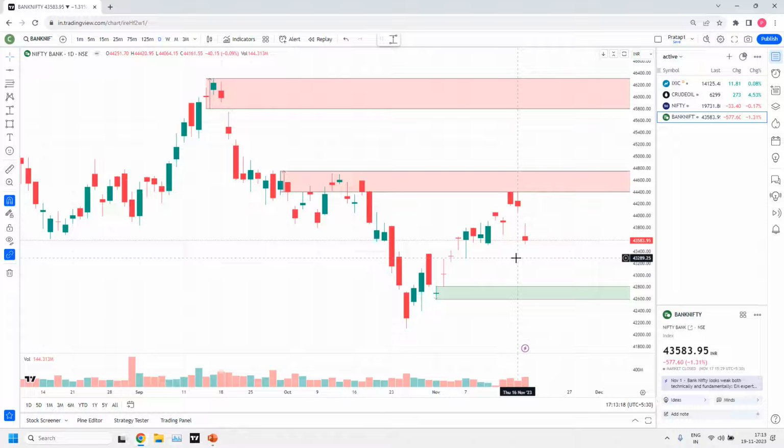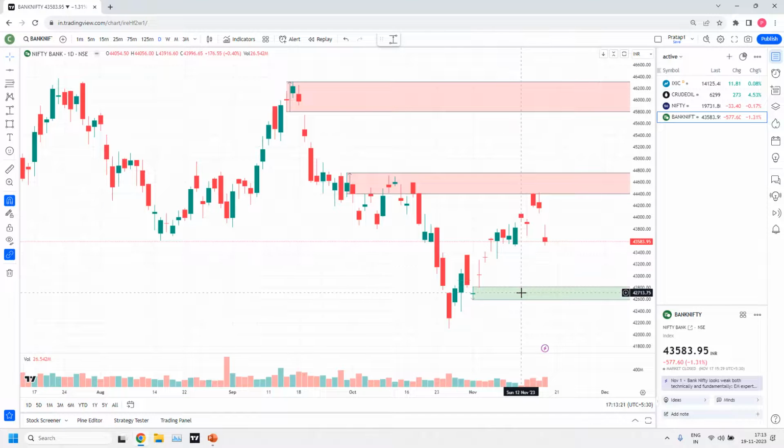If anybody wants to take a trade, please remember, those who are learning for the first time, do not take the trade here, because you didn't learn the other concepts. You never know whether this is a good zone or a bad zone, based on the phase 2 training.